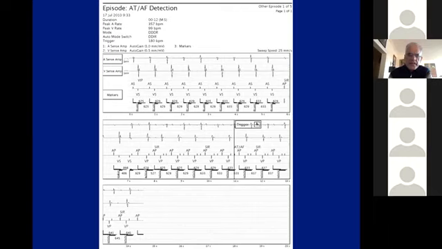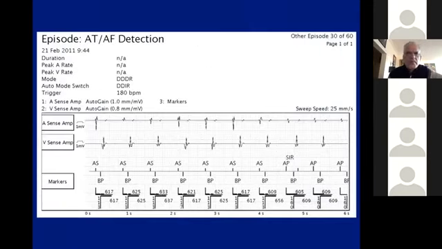So this is probably a far field signal there. So this is far field oversensing, followed by retrograde conduction, and then followed by competitive atrial pacing. So this can be seen as well. So obviously the device will mode switch for this because it's seeing three events in the atrium. All right.